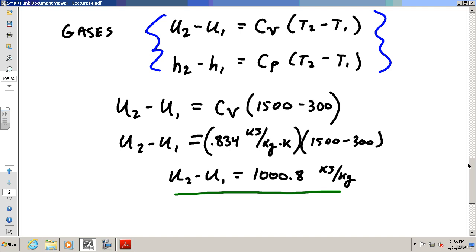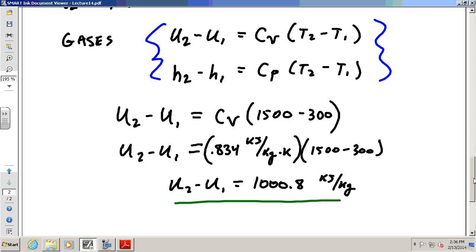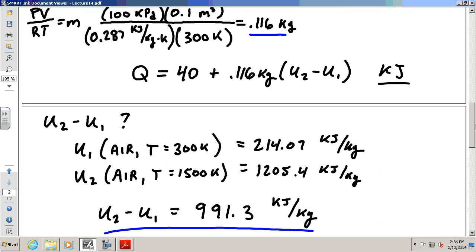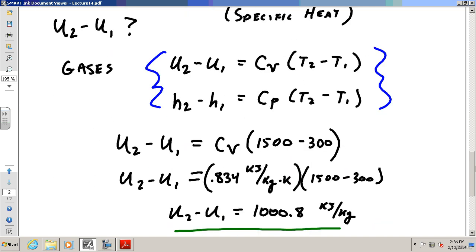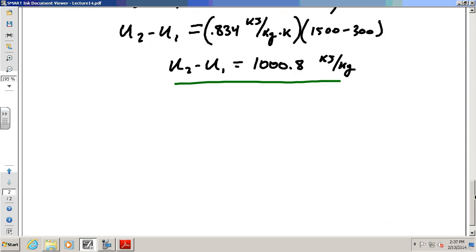All right. So one more thing, real quick here. Let's actually get the number. Here it is. We have to substitute U2 minus U1. Since I told you tabular data was better, let's use 991.3. So we're going to say this.